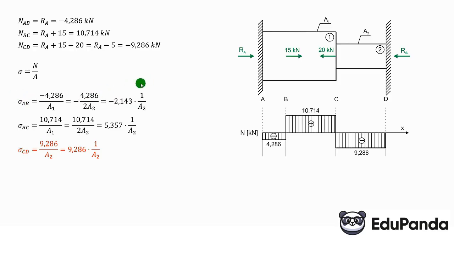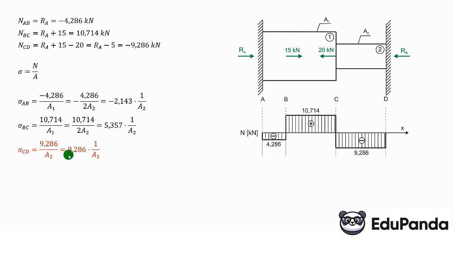We also still have this expressed in terms of this cross-section, but all these stresses are expressed in the same form so we can compare them. And what I wanted to say is that if there were a negative value greater than this positive one, then the greatest stresses are those in absolute value. Similarly, if we had the dimensioning of the rod, we look for the greatest stresses in terms of absolute value, unless there were a division between tensile and compressive strength.